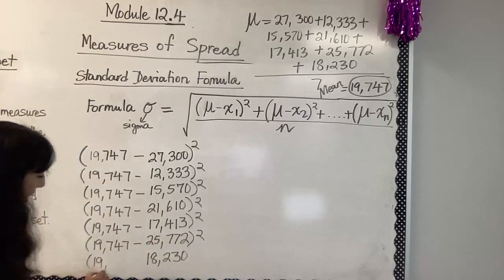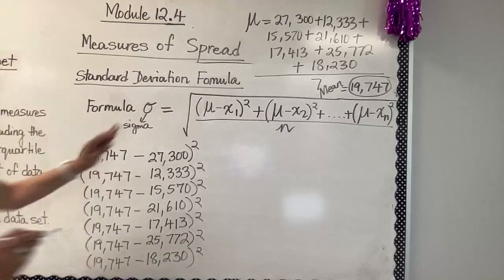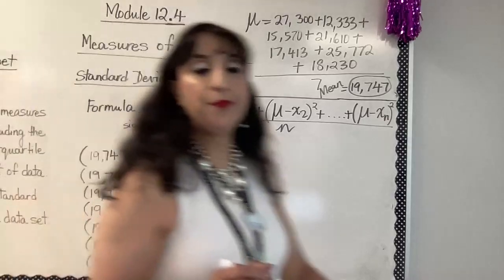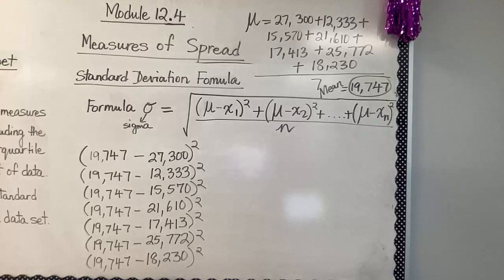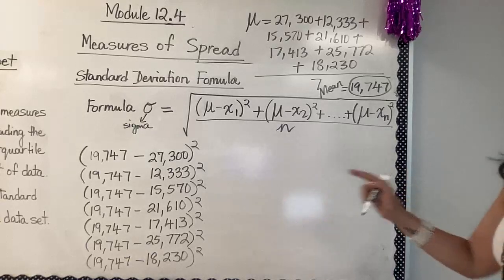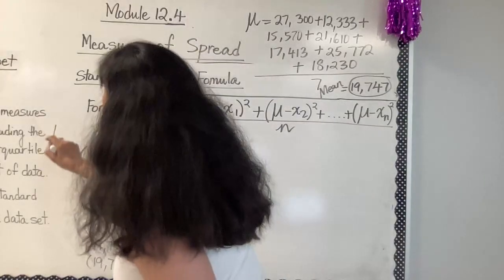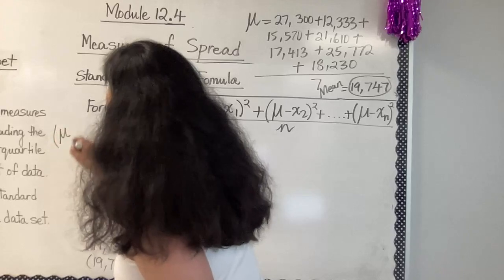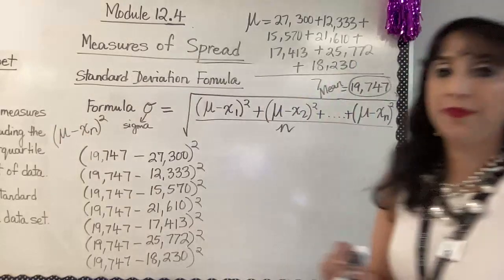So 19,747 minus this. This is my first step after finding the mean, because I'm trying to find the square of the differences, which is this part. I am doing my mu minus x of n squared.